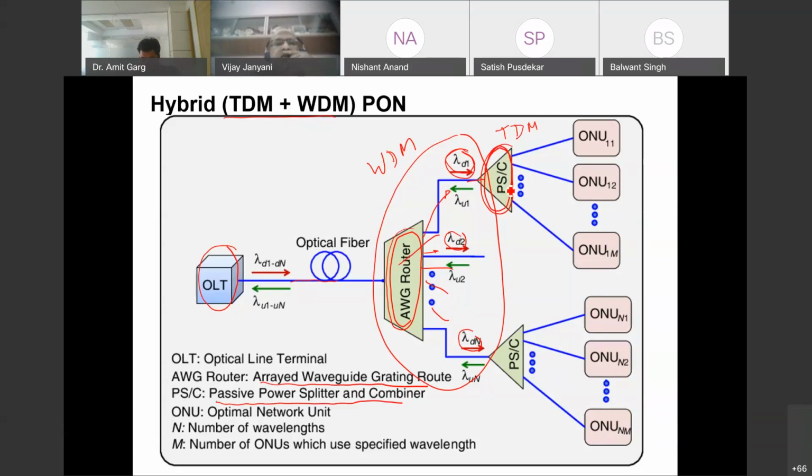So you can see that if there are n wavelengths here, lambda 1 to lambda n, each is split into m parts, and each splitter has say p number of users. So your capacity is multiplied m times p, and also so many wavelengths are there. So this is the hybrid TDM WDM combination of PON. That gives you even higher speeds.